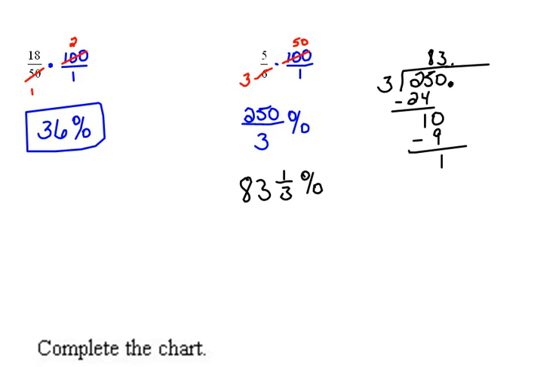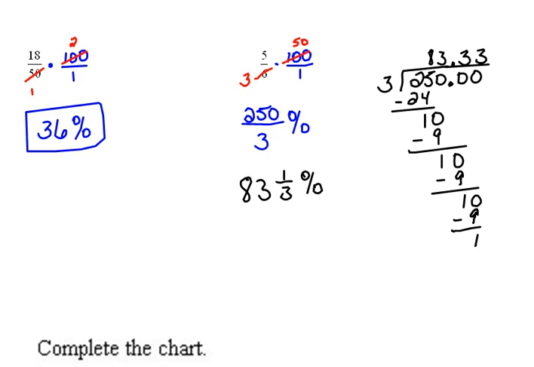So we're going to have to put our decimal in and add a 0. 3 will go into 10 3 times. 3 times 3 is 9. Subtract. Now we do have to the 10th spot now, but because it says round to the nearest tenth, we do have to go one more place just so we can see what has to be rounded. So 3 will go into 10 again 3 times. 3 times 3 is 9.